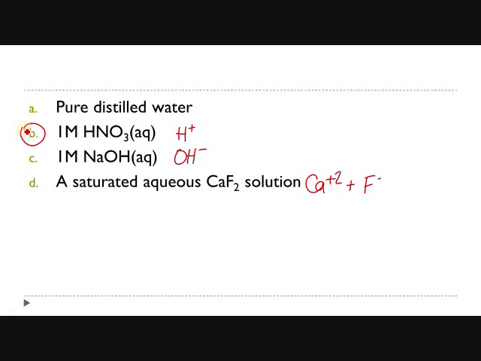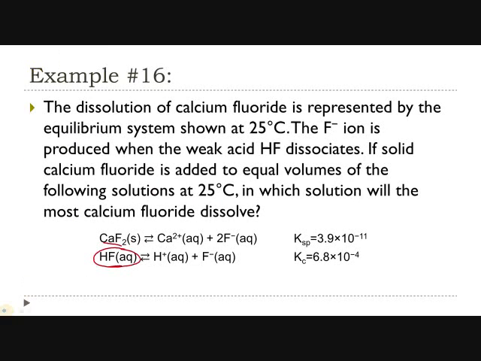Because what happens is, if you add the calcium fluoride into the acidic solution, the fluoride ions will combine with the H+, shifting that bottom equation back this way. So if you're adding H+, the fluoride will react with the H+ to go back, removing the F-.